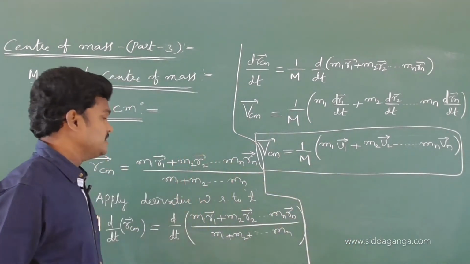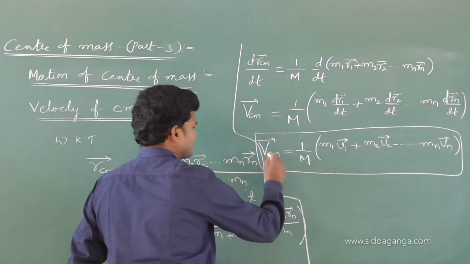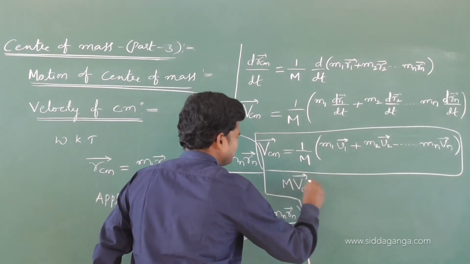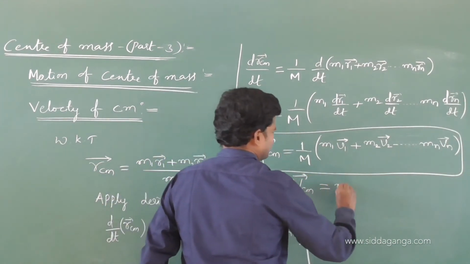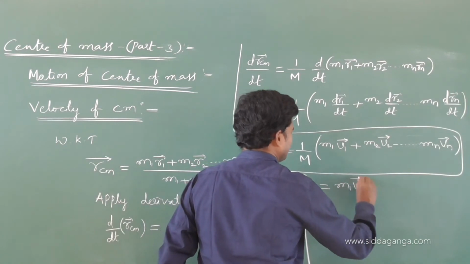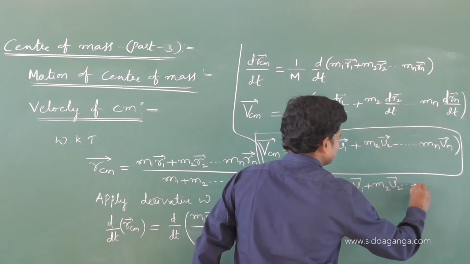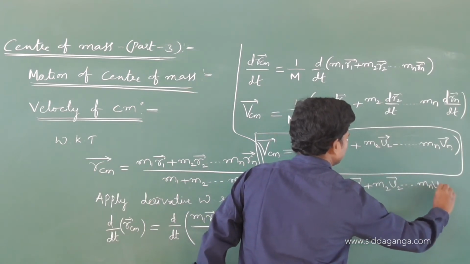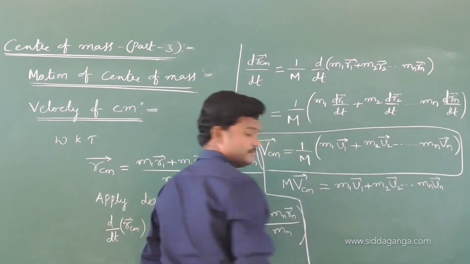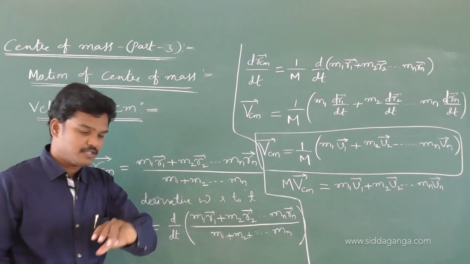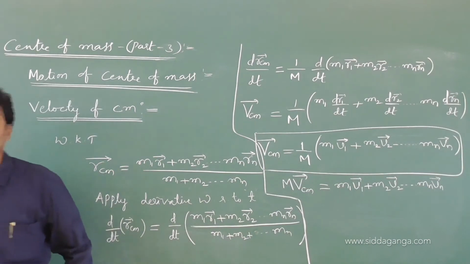And see, if I take this capital M to the left, M VCm bar is equal to m1 v1 bar plus m2 v2 bar, so on mn vn bar. And you know the product of mass and velocity is nothing but what? Momentum.